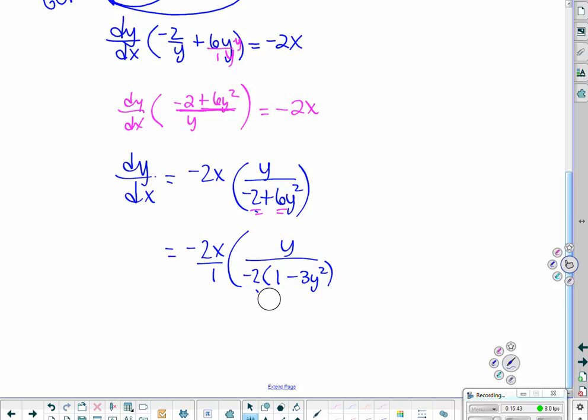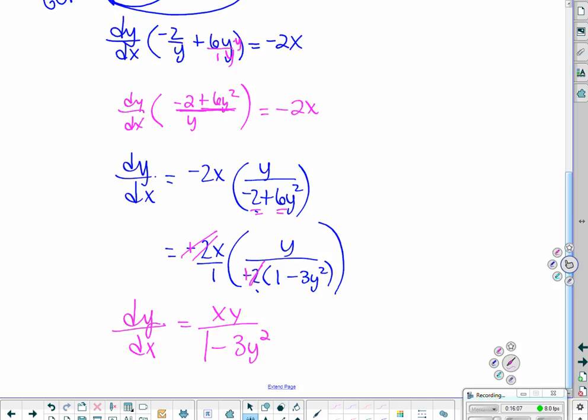Yes, it does. All right. The negative 2's will cancel. So plus plus on that, and then 2's are canceling. What do we end up with for an answer? dy dx is equal to x times y over 1 minus 3y squared.